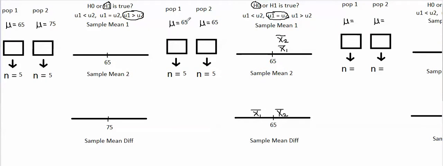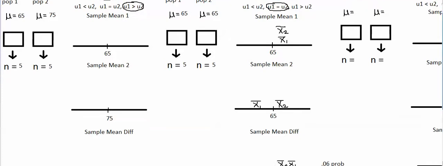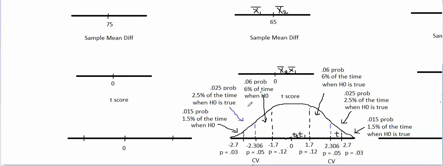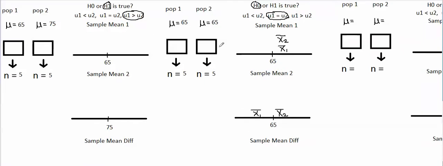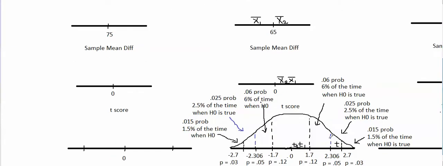If the population means are actually different, like they are here, those probabilities don't apply, so you don't have to do that.